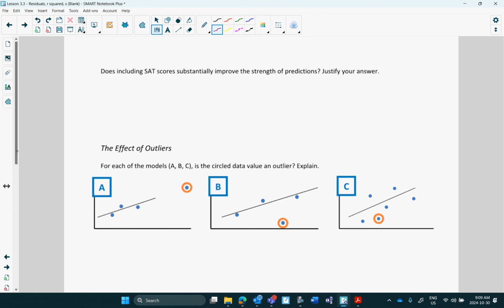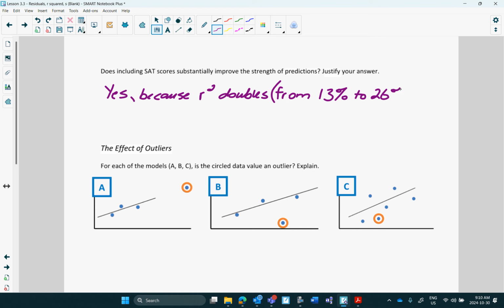So we would want to say yes, because R squared doubles to 26% when we include SAT scores.